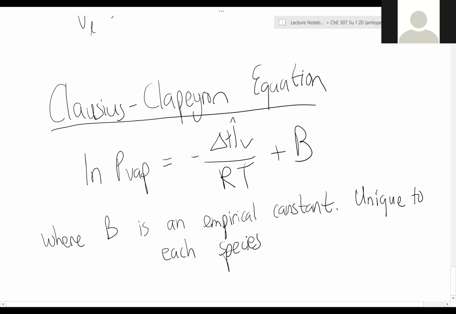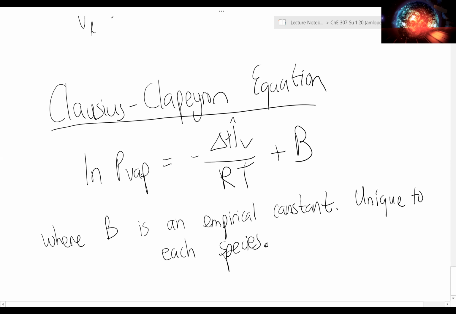Is that value in the back of the book or is it in the chapter? That's a good question. Typically, I don't believe we have Clausius-Clapeyron values in the back of the book. You might find it online and in things like Perry's, but yeah, I would be hard pressed.